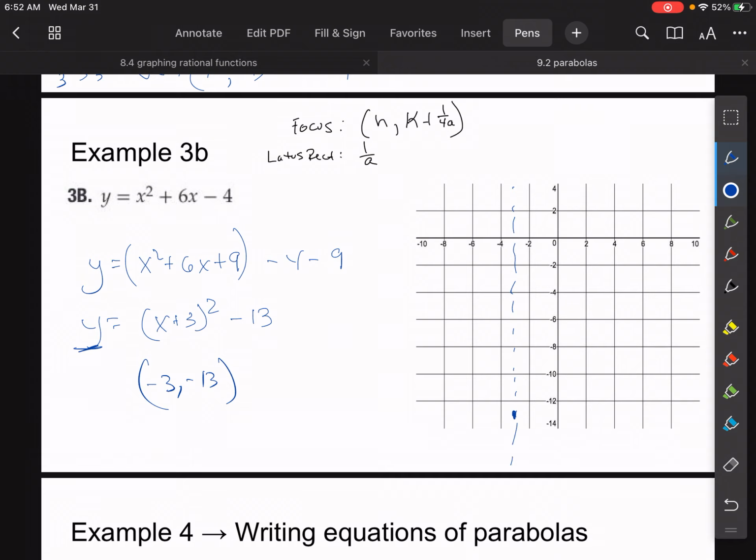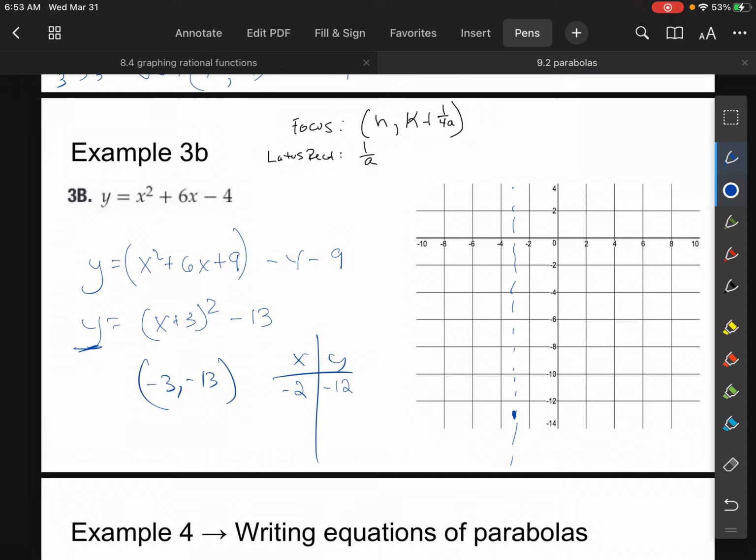Now again, choose some values, plug them in, get your other values out. If I did that on either side of this, we can plug in x values here. Let's plug in -2, for instance. -2 plus 3 is 1. 1 squared is 1. 1 minus 13 is -12.